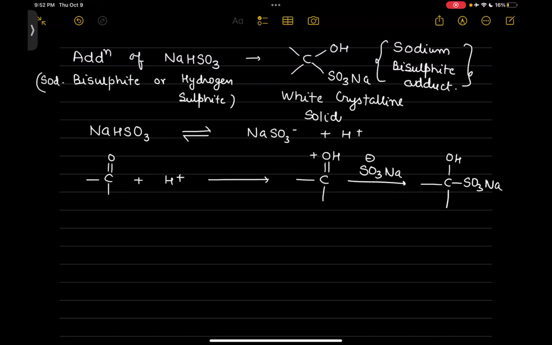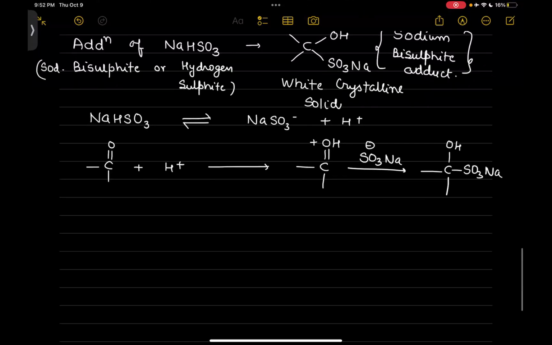This is a weak nucleophile because it is a bigger group. So its addition is a bit difficult.